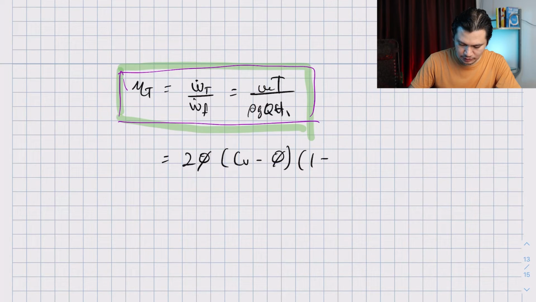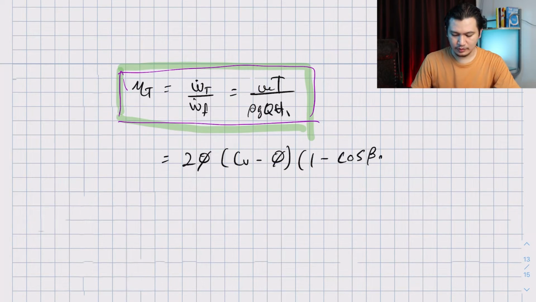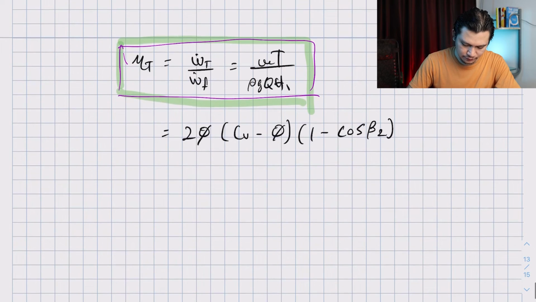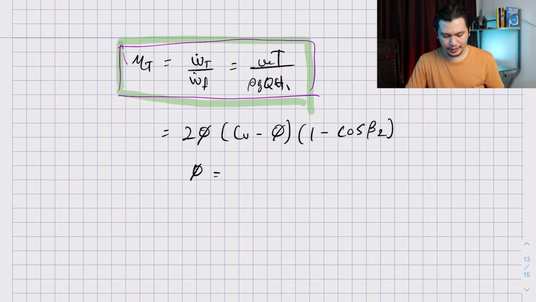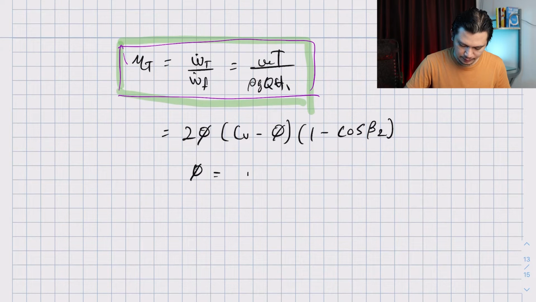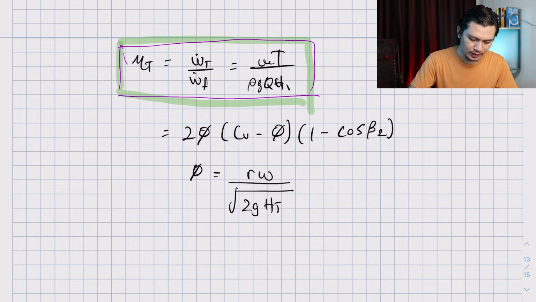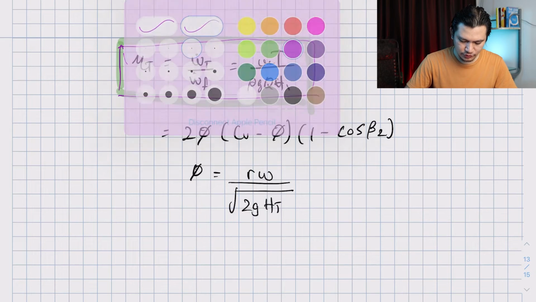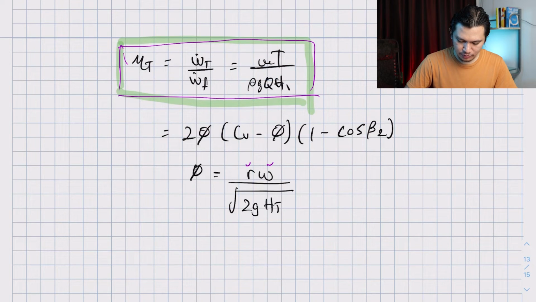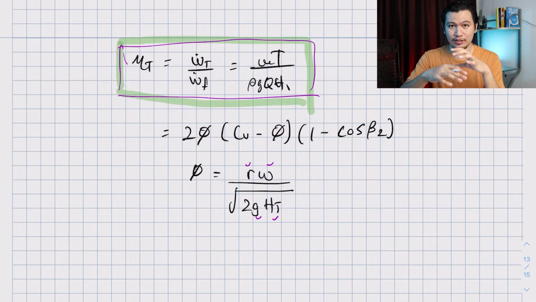Sorry about that, this is cos beta 2. And this phi is a combination of parameters which are R times omega divided by square root of 2 g H T. And the reason why this is combined together is because usually R and omega and also g and H T in an operational turbine will remain fixed.